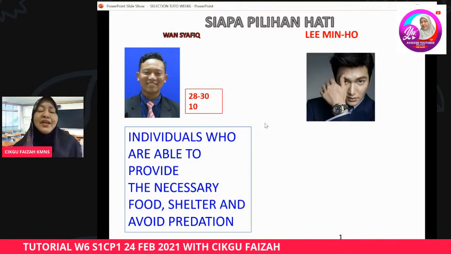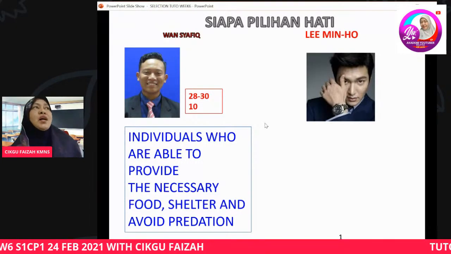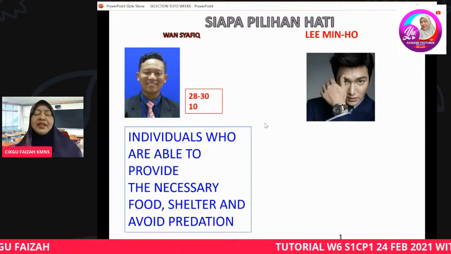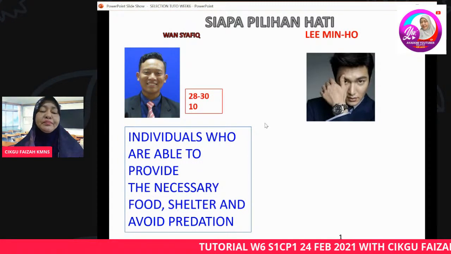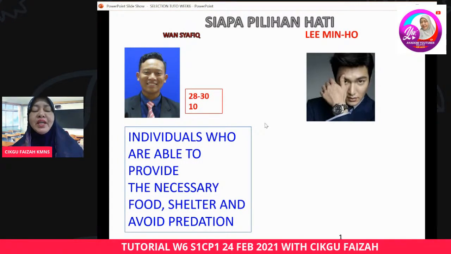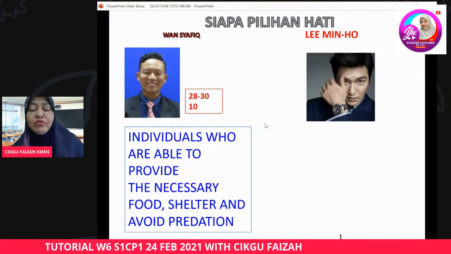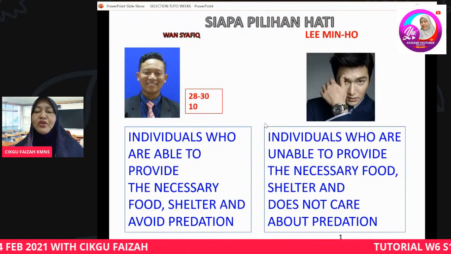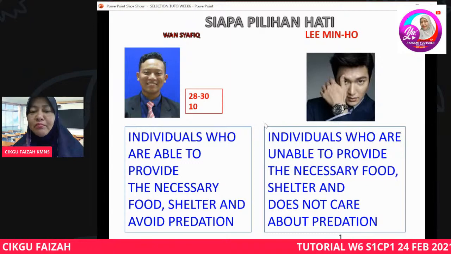Right? Okay, so Wan has a bungalow, 5 storeys, worth 5 million. And Wan is able to protect you from predation. Don't ever disturb her. Okay, compared to Minho. What does Minho have? Right, so Ratika, which one do you think is the choice of your heart?